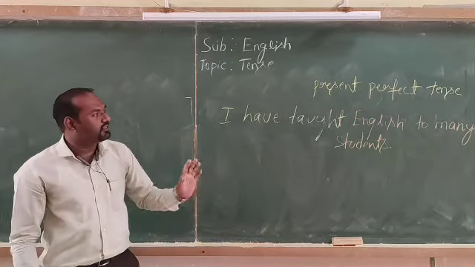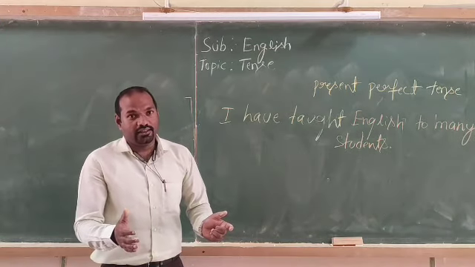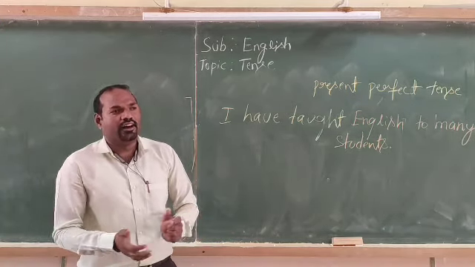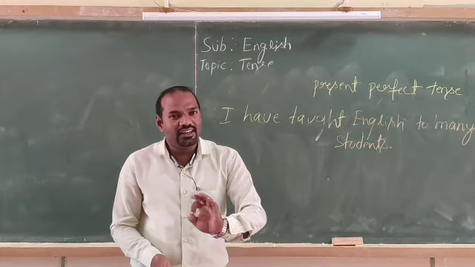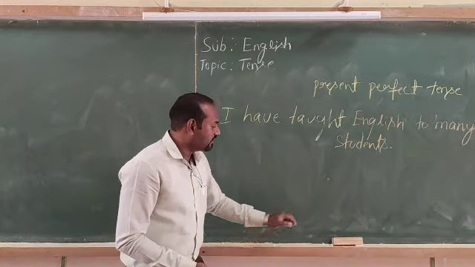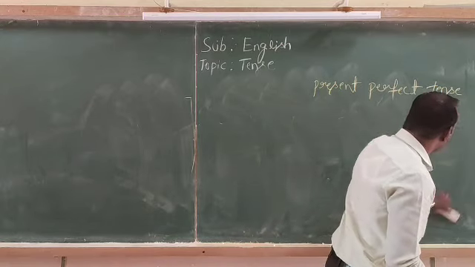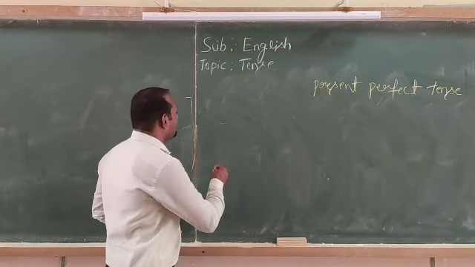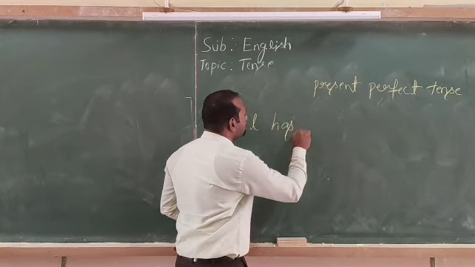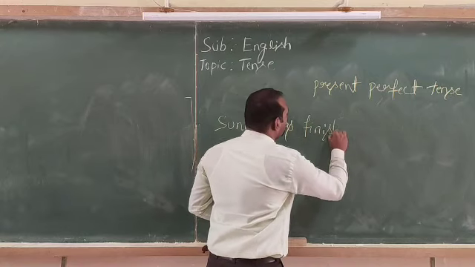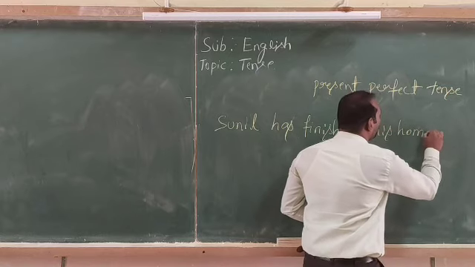And the second usage of the present perfect tense is to tell what has happened right now, at the time of a moment, or just completed actions. For example, Sunil has finished his homework.